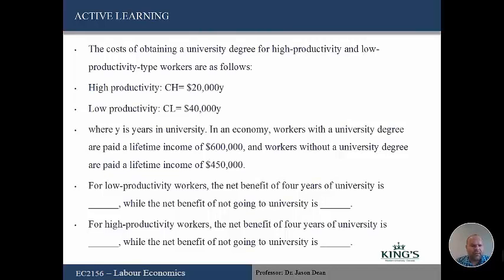For low productivity workers, what would the net benefit of 4 years of university be? And what would the net benefit of not going to university be? And then for high productivity, same thing. So you should pause it and think about what the answers will be, and we will discuss them in a second, okay?